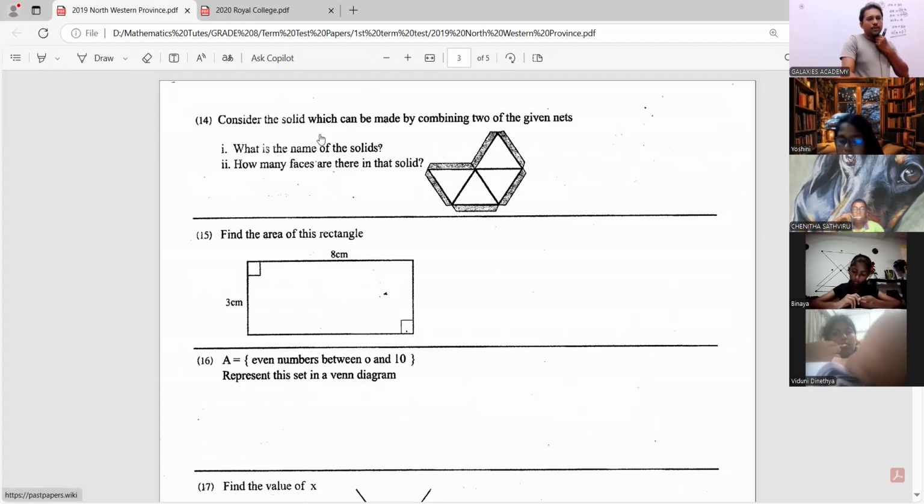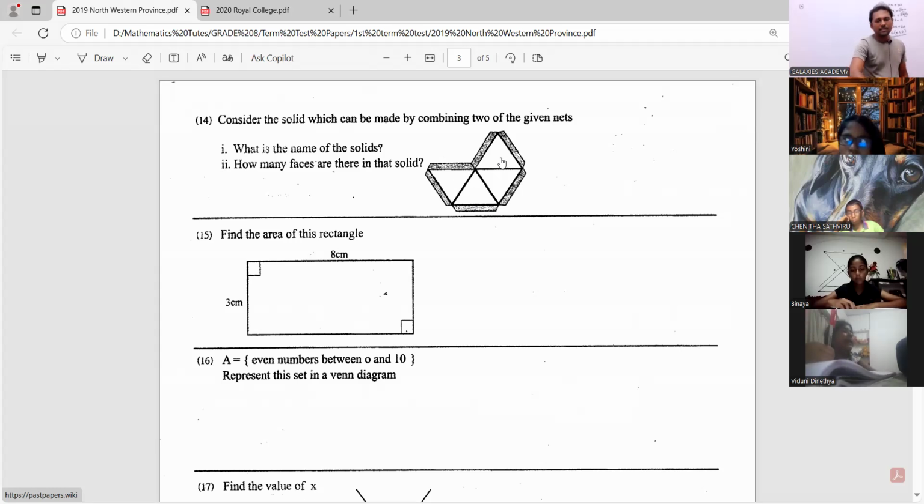Consider the solid which can be made by combining two of the given nets. Right? Two of the given nets. Using this net, you can make which one?